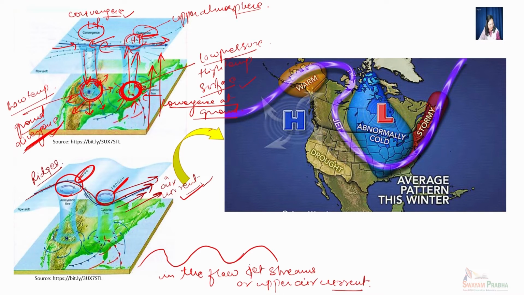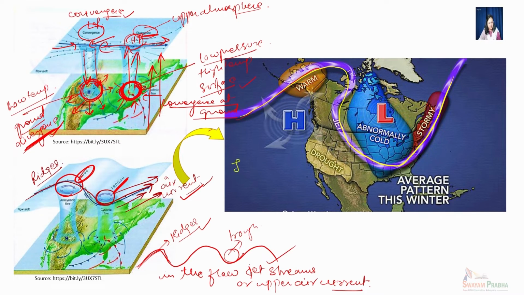So where they dip, those areas are called trough regions, and where they peak up, these areas are called ridges in air current flow in the upper atmosphere. A somewhat wavy pattern is formed because of these fluctuations in the high pressure and low pressure conditions along the vertical dimensions extending from the surface to the upper tropospheric level.